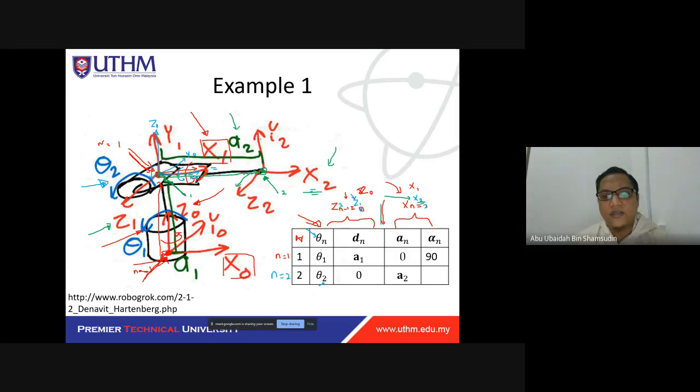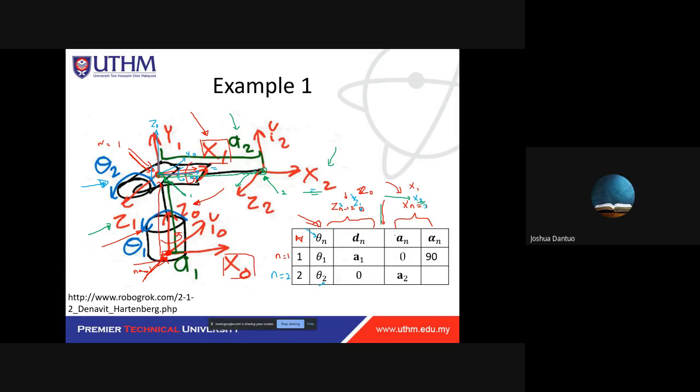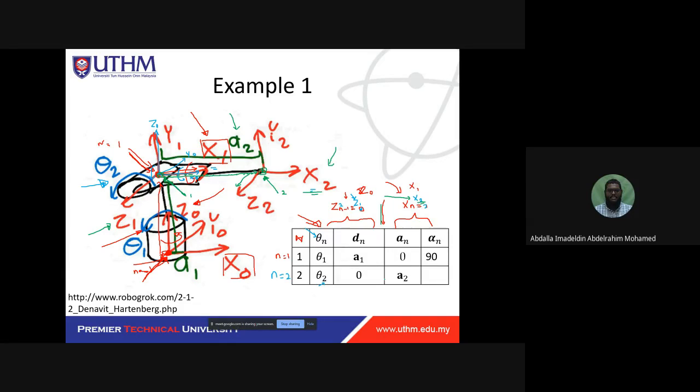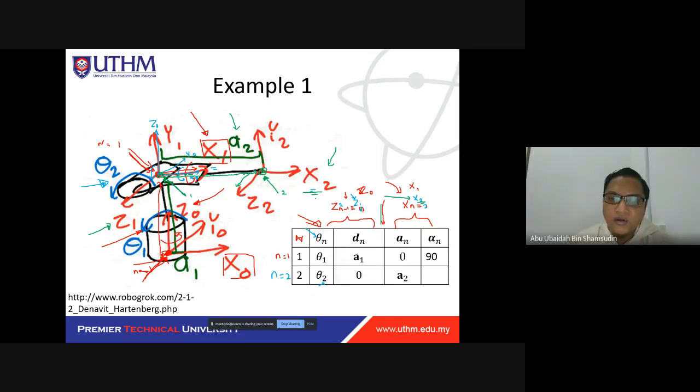Okay. So for the final one, we just need to find the alpha. So for this one, the alpha should become 0, because we need to rotate on X2. So what we do, we bring this frame here to this frame here.